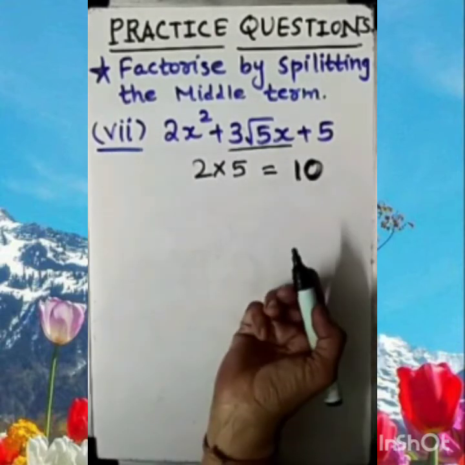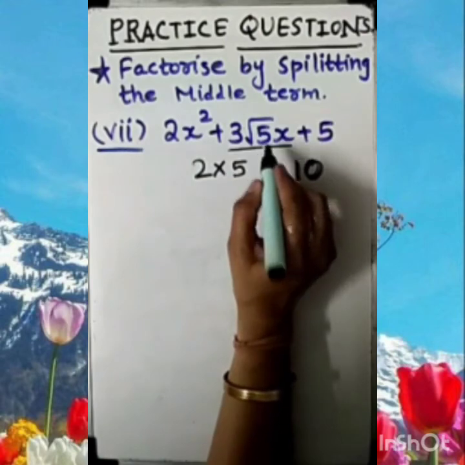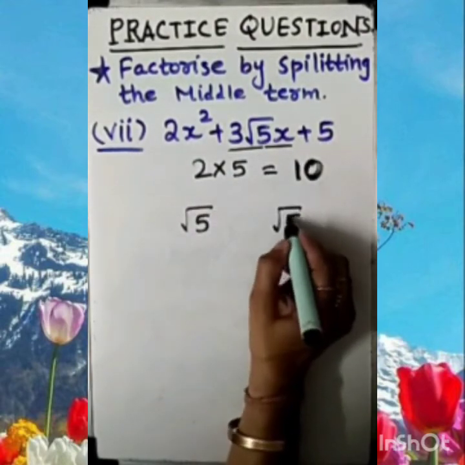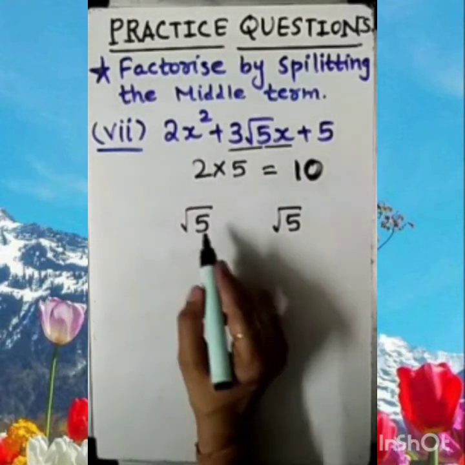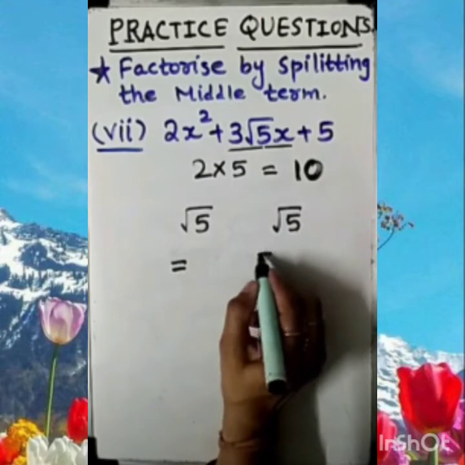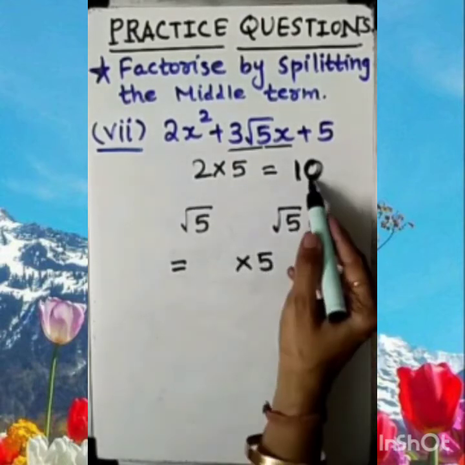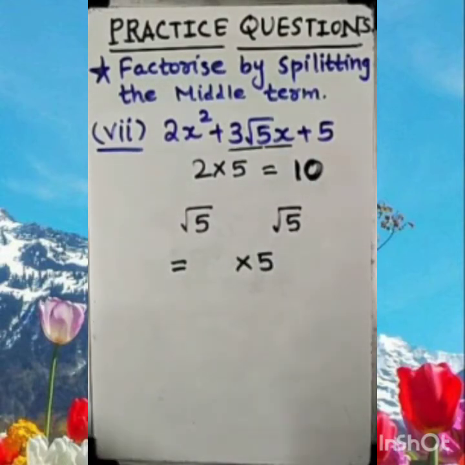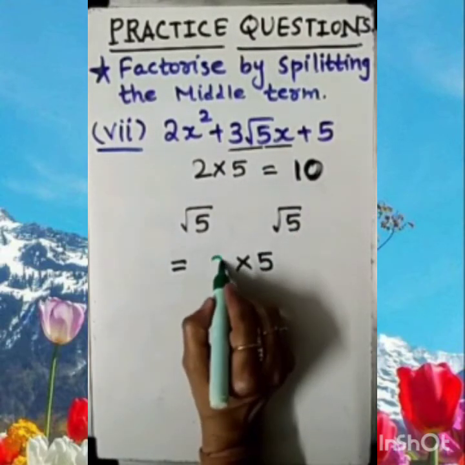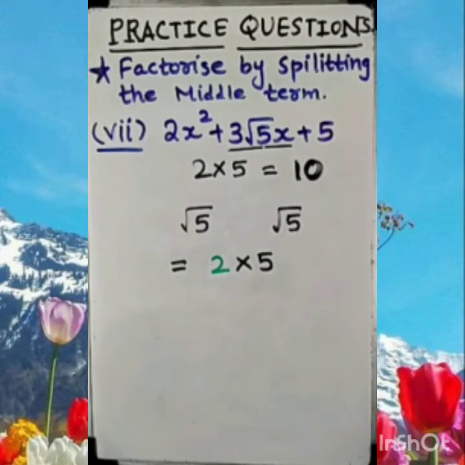So how to work out on that? Just think about this irrational number, that is root 5, and this is root 5. Agree? As we know, root 5 into root 5 gives the result 5. So if I want to bring 2 here, then I need to multiply it with 2 here.